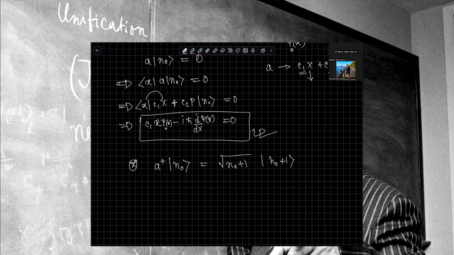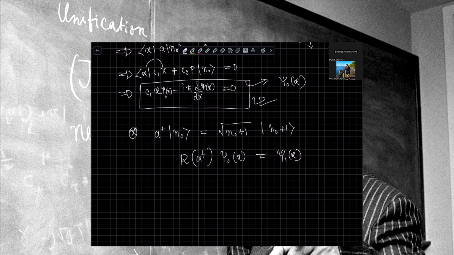So what do you do? Well, you just find out the solution for psi 0 of x. You find out the position representation of a dagger, and this is a representation in the position space. Let's say I denote this with R of a dagger. R of a dagger on psi 0 of x should give you psi 1 of x, and so on.